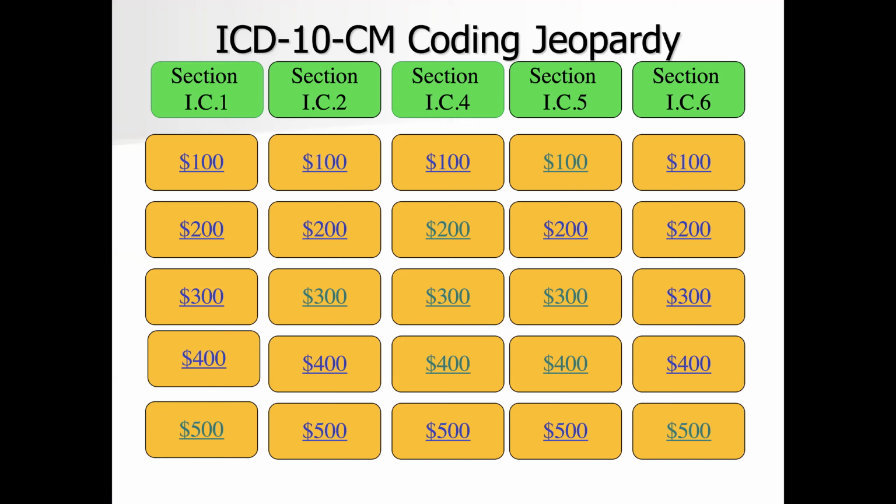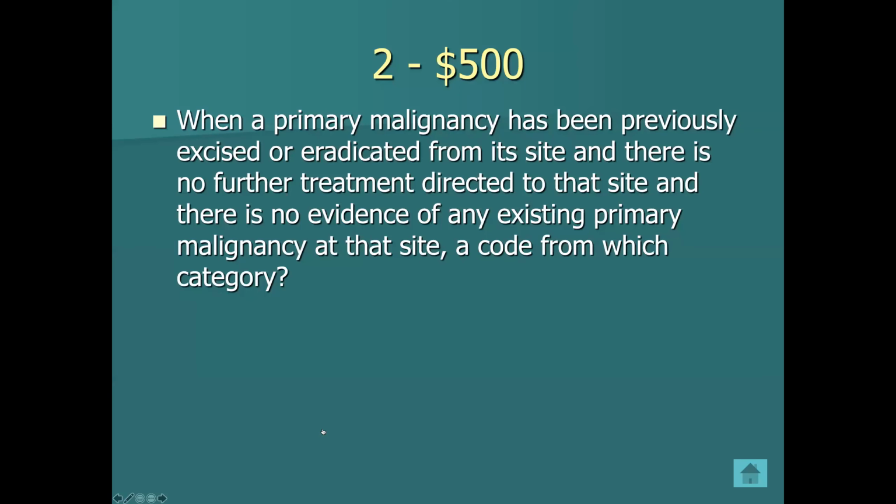Section 2 for 500. When a primary malignancy has been previously excised or eradicated from its site and there is no further treatment directed to that site and no evidence of any existing primary malignancy at that site, a code from which category should be assigned?